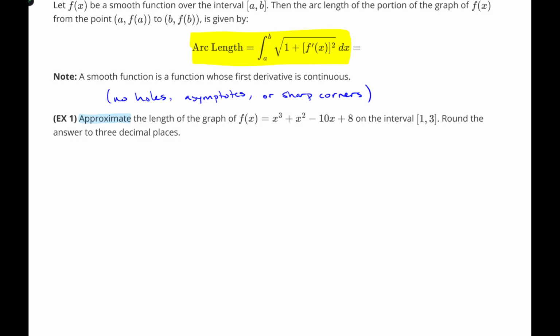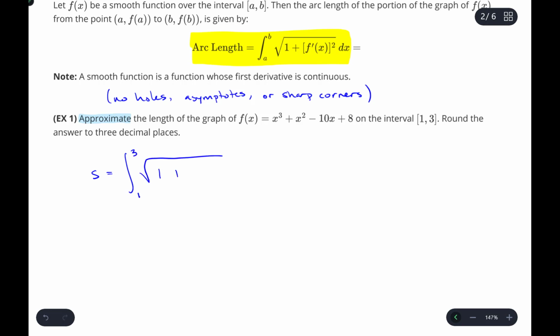So the arc length here, we would integrate on the x interval from 1 to 3 of the square root of 1 plus f prime of x quantity squared dx. So we need to figure out what f prime of x is.